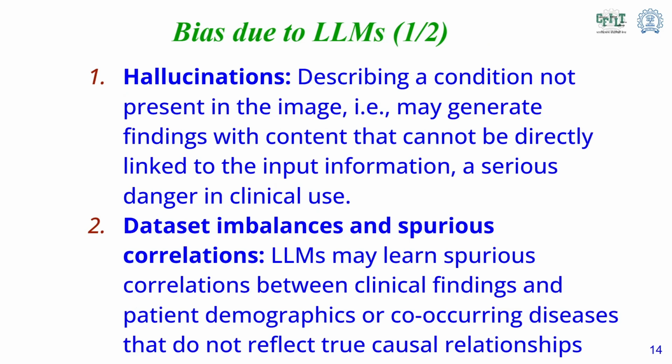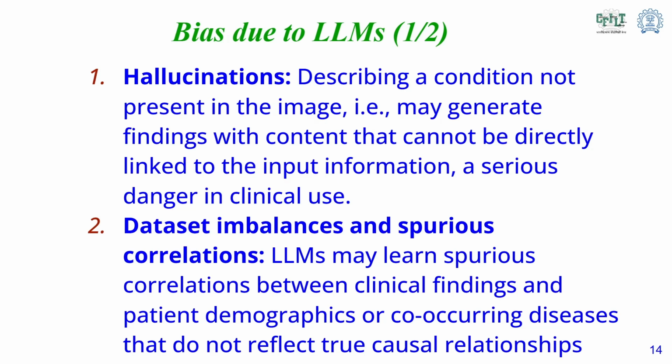And then in LLMs, we know that hallucination is a famous problem, where in this context it refers to when an LLM describes a condition which is not present in an image. That is, it may generate findings which are not directly linked to the input information, which is a very serious concern.